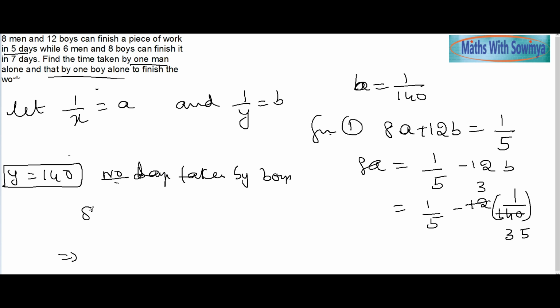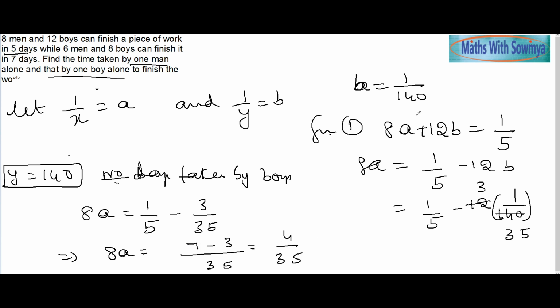Now here what are we going to get? 8a is equal to 1 by 5 minus 3 by 35. So 8a is further, 35 will be the LCM, 7 minus 3, which is 4 by 35. So what will be A?